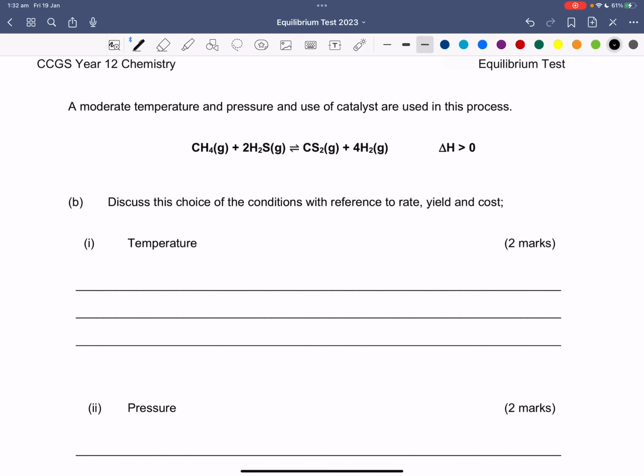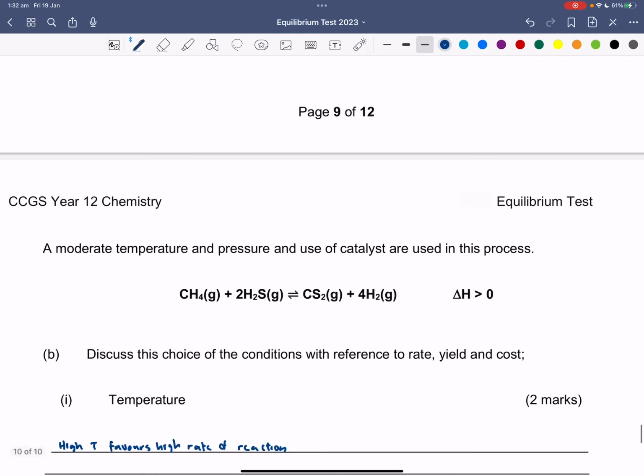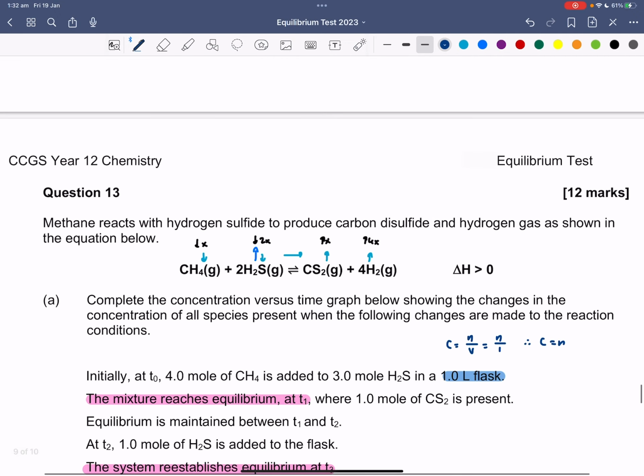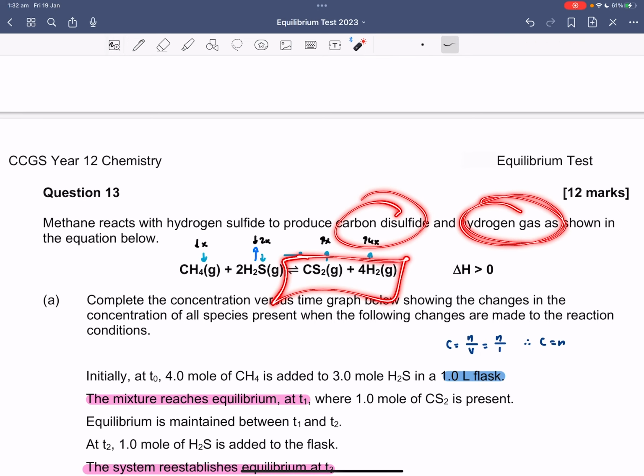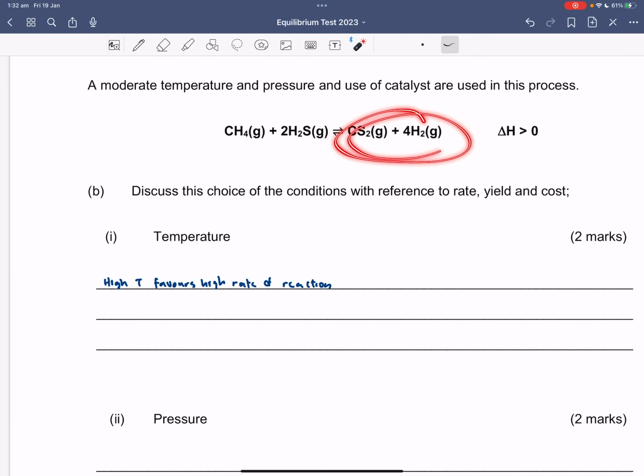So what we can explain is that a high temperature favors a high rate of reaction. Now, don't forget what the whole purpose of this reaction is. The whole purpose of this reaction is to make carbon disulfide and hydrogen gas, aka make some products. So, by having a high temperature, it favors a higher rate of making the products. However, you need to understand that the forward reaction is endothermic.